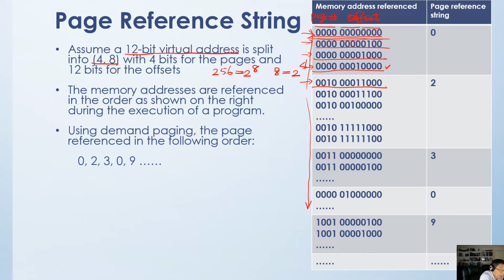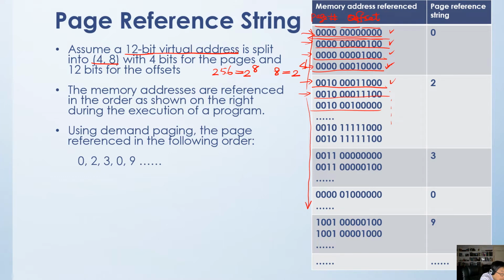Okay, so that's the order. Logically, this is the first instruction, the memory address of the first instruction. That's the second, that's the third, that's the fourth, that's the fifth, right? So you're going to run these one after another.